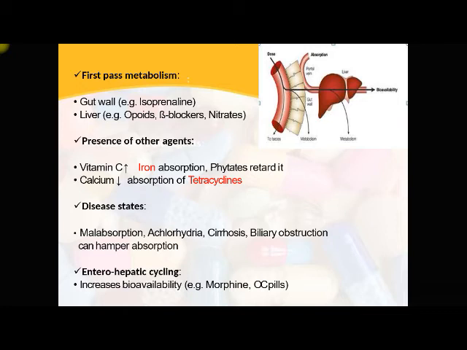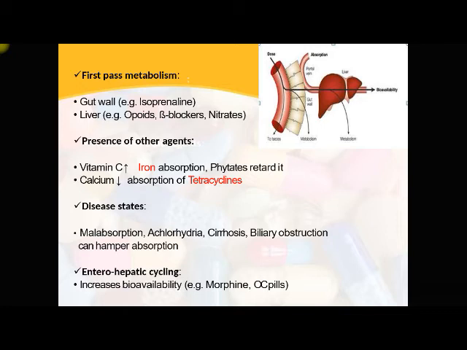Okay, the next factor is presence of other agents. Simultaneous or concurrent administration of other agents also has an effect on the bioavailability of certain categories of drugs. Examples are given of vitamin C and calcium. Vitamin C, if given with iron, increases the absorption of iron. And if iron is given along with phytates, which are common constituents of some vegetables, then they retard the absorption of the iron.